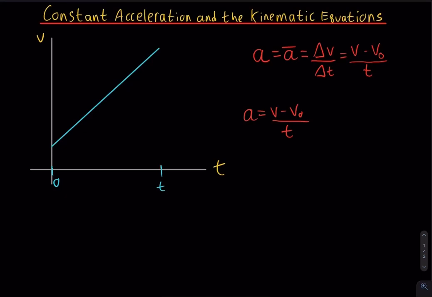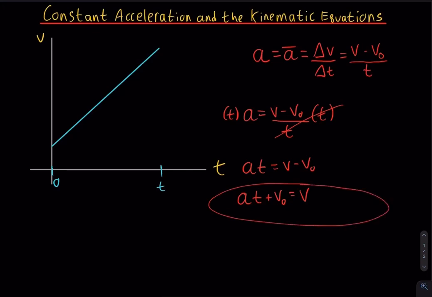I'm going to multiply both sides of my equation by t, and so these cancel out, and I'm left with acceleration times time equals v minus v naught. Then we add v naught to both sides, and that gives us acceleration times time plus v naught equals v. This right here is our first kinematic equation.